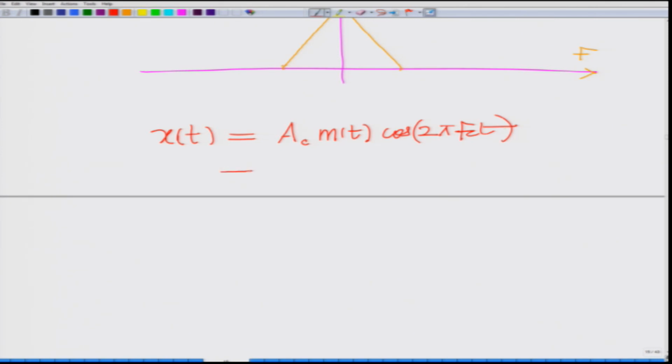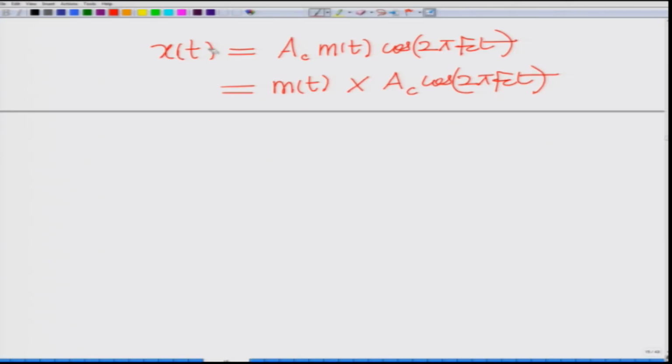Okay. I can write this as the product of m(t) with A_c cosine 2 pi f_c t, correct. x(t) is the modulated signal. I can write this as the product of the message signal m(t) with A_c cosine 2 pi f_c t.